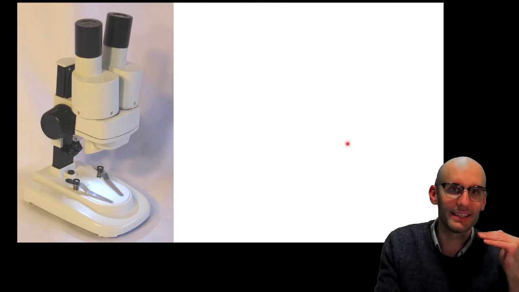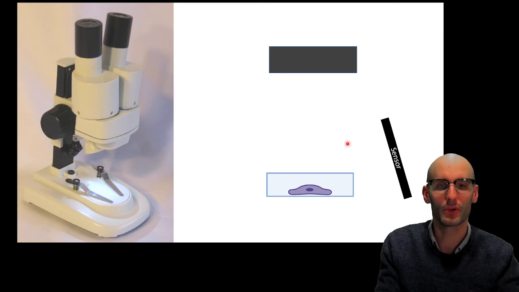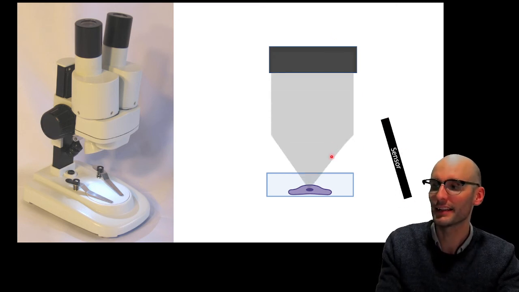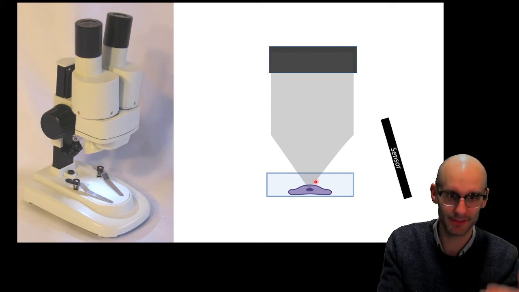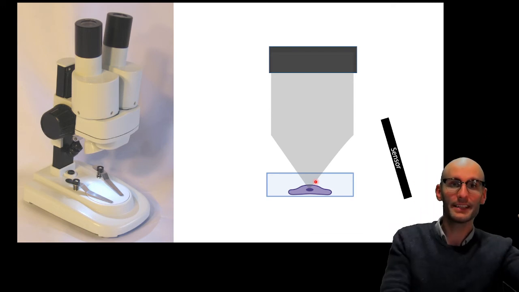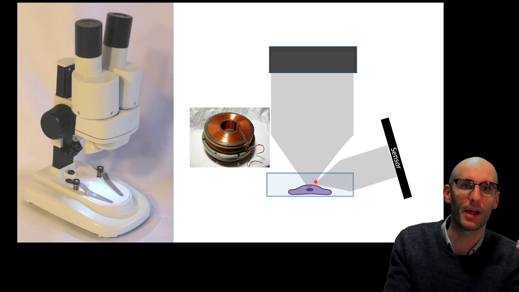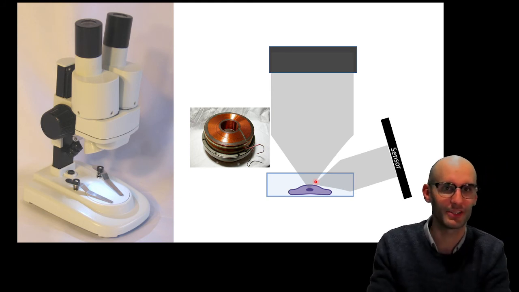Now the scanning electron microscope works exactly in the same way. So we've got our sample here, this time we've got our sensor on the side, an electron beam comes down and again is being focused by electromagnets. The electrons are then scattered off the tissue, and that scattering is then picked up by a sensor which also focuses the electrons again with an electron magnet.